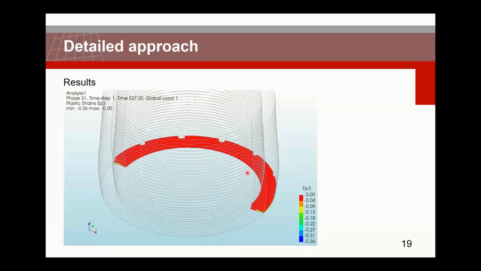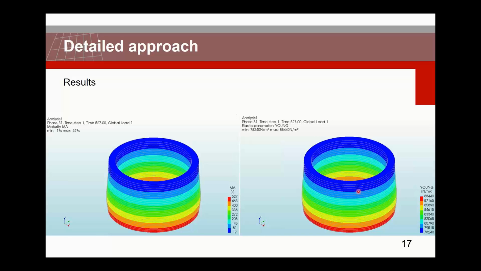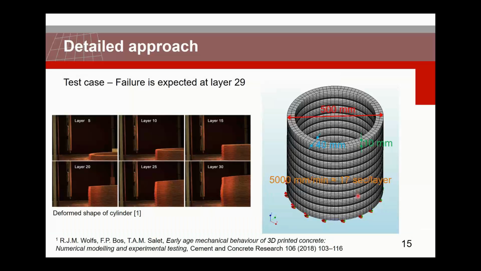Also, you can see here, this is the strain. Not too much plasticity is occurring, only at the toe here. So due to plastic deformations at the toe, this is actually causing the buckling in the end of the cylinder. What you do see is that we only used 2 elements over the thickness.